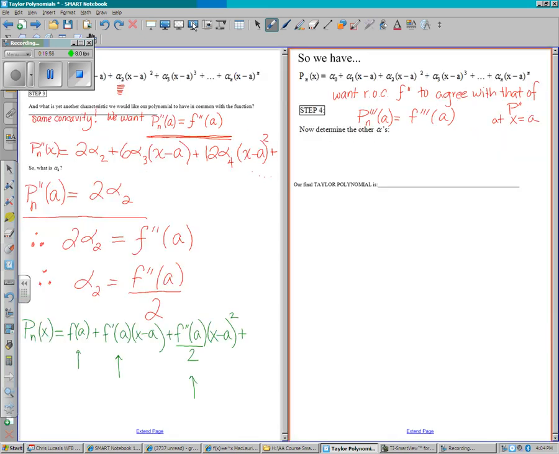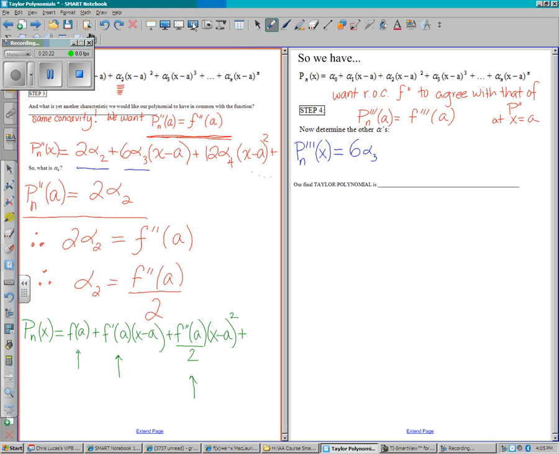Looking at the past screen, the third derivative of p sub n of x is equal to, that first term drops, and we get 6 alpha sub 3, plus 24 alpha sub 4 times x minus a, plus and so on.